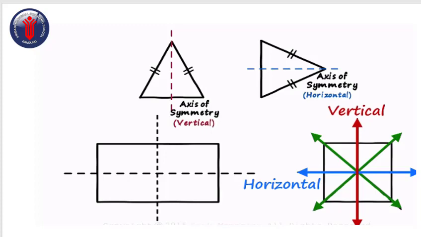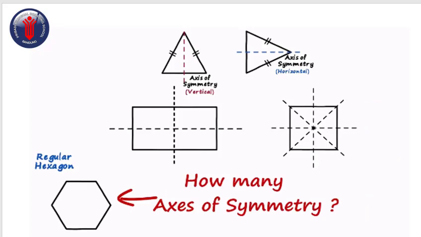More than four. What if we have a figure like a regular hexagon? A regular hexagon is a closed figure with 6 equal sides and 6 equal angles.